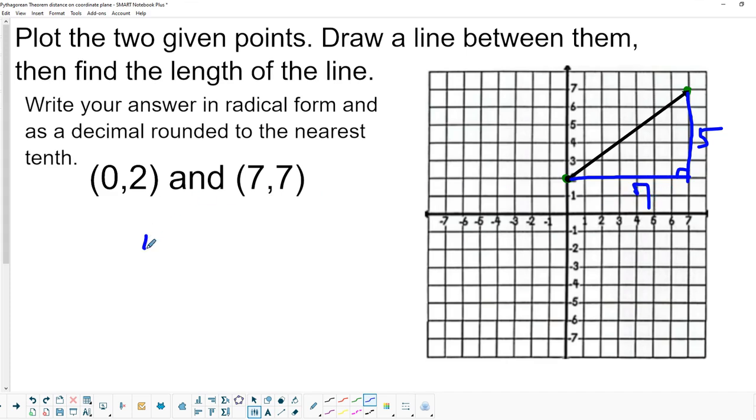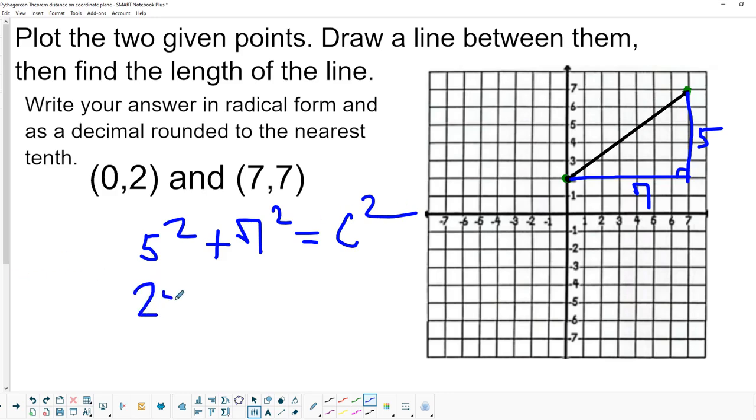So a squared, 5 squared, plus 7 squared equals c squared. So we have 25 plus 49, and that gives us a total of 74. And all of that equals c squared.